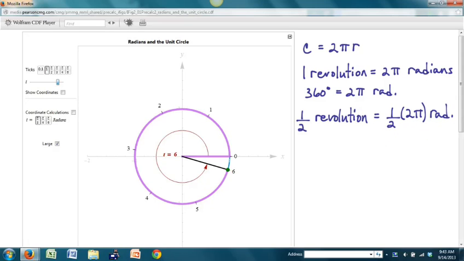In other words, 180 degrees is equal to pi radians because the 2's cancel and we're left with just pi radians. Now think about it. Pi is a little more than 3, and when you look at the circle, sure enough, 180 degrees is slightly more than 3 radians.